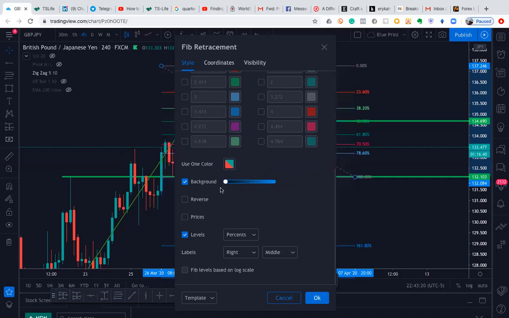I want it to be clear so that over on this side I can see. My labels are over to the right. This is in the middle. And then you go in and you basically save it.